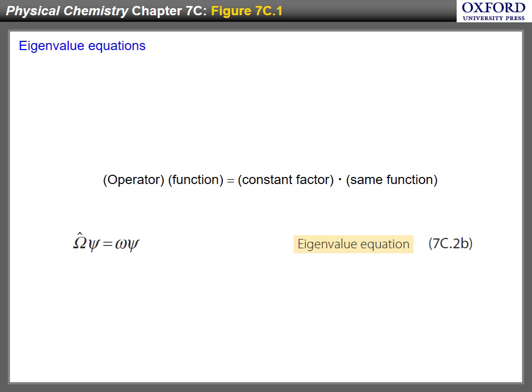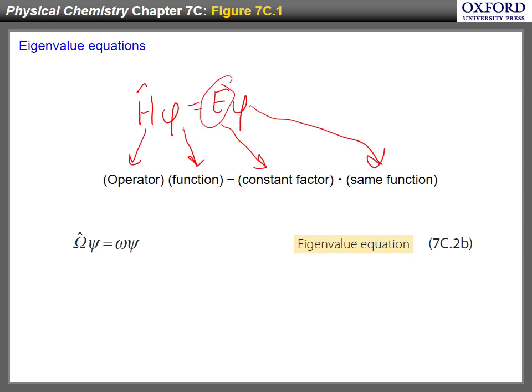Basically, if we write the operator form of the Schrodinger equation, which on a previous slide looks like this, it translates to an operator acting on the function, which equals a constant factor multiplied by the same function. Interesting.